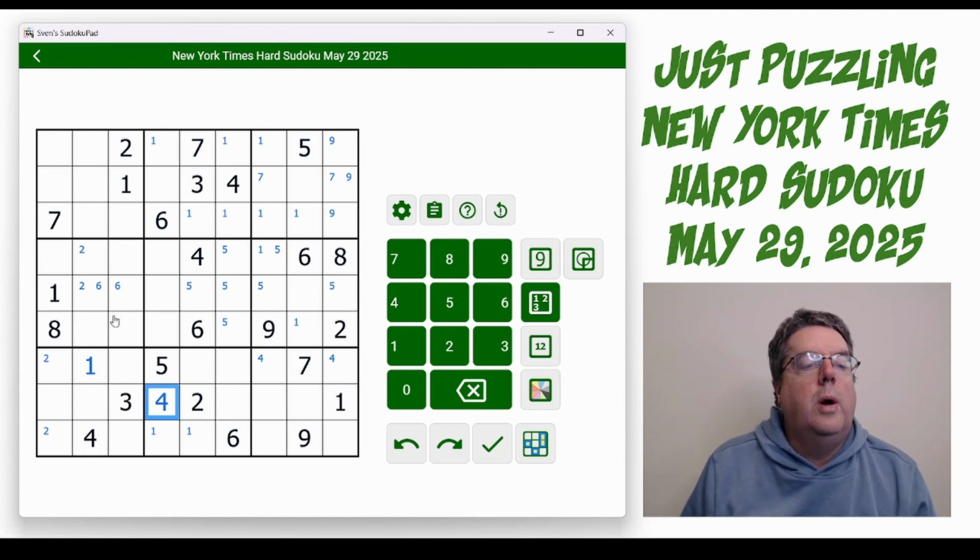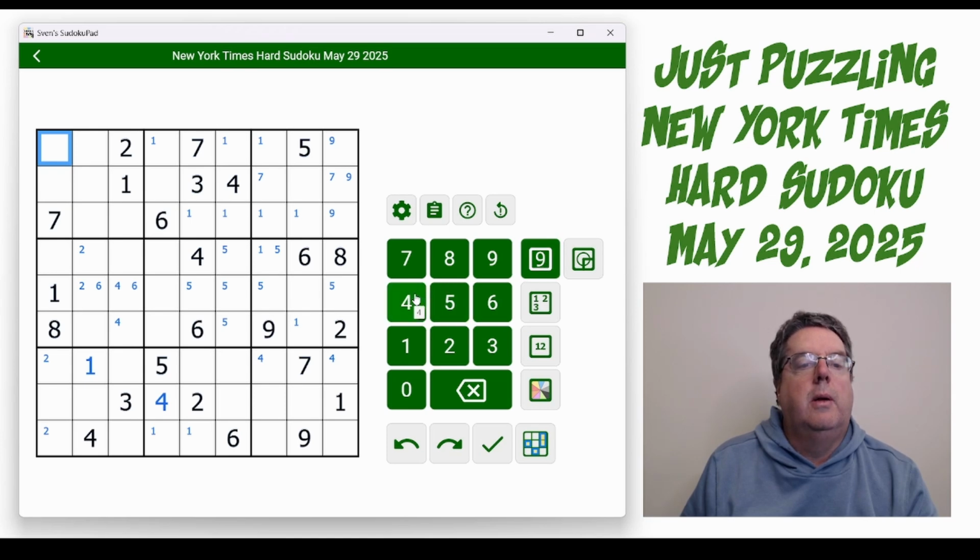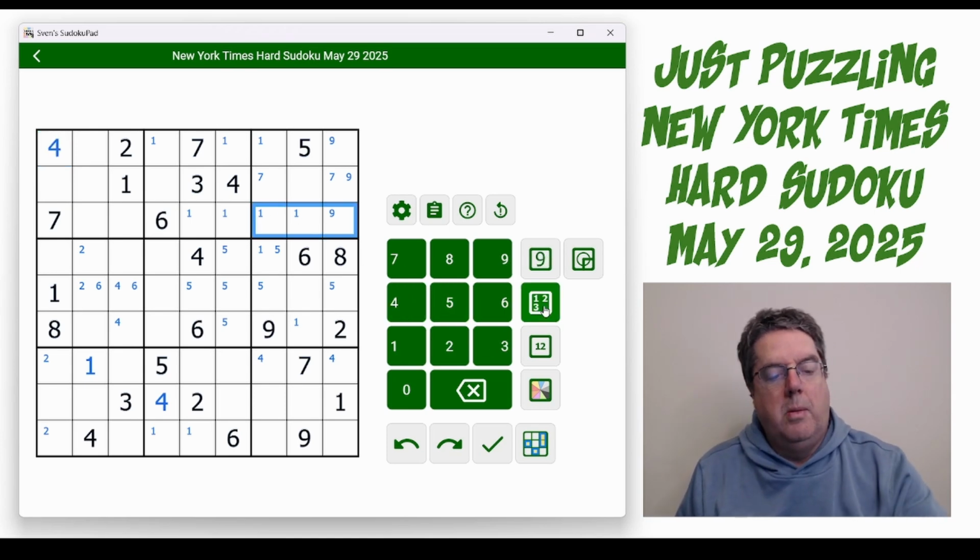Okay, 4 can only be down this side, because this 4 takes that side out, this 4 takes that out, so 4 can't be in those, and it can't be in this one either because of that 4, so these two are going to be a potential 4, and over, so that means that the 4 has to be there for this one, leaving me with a, across the bottom here, 4.